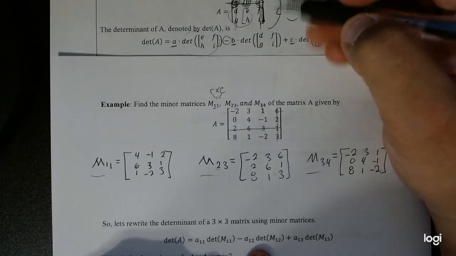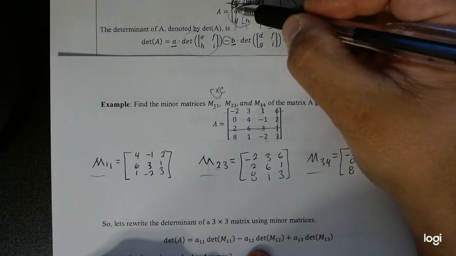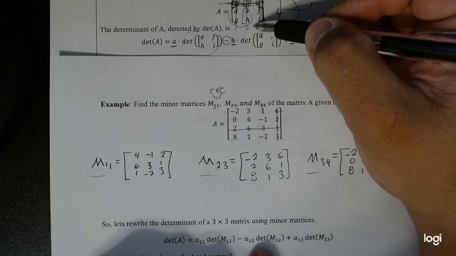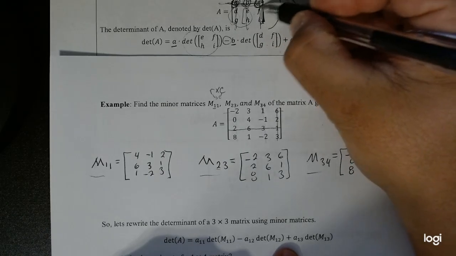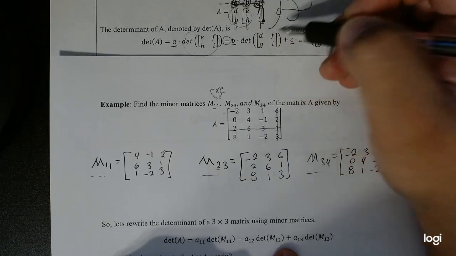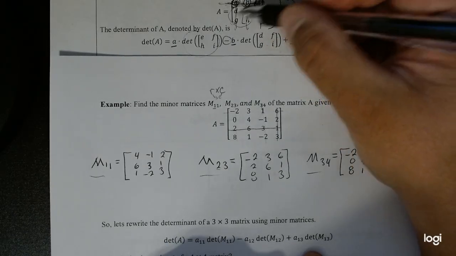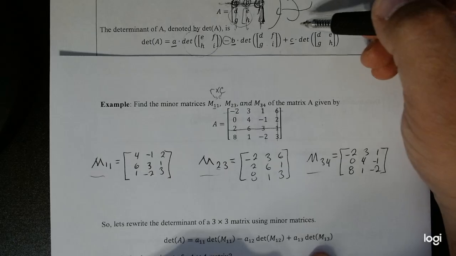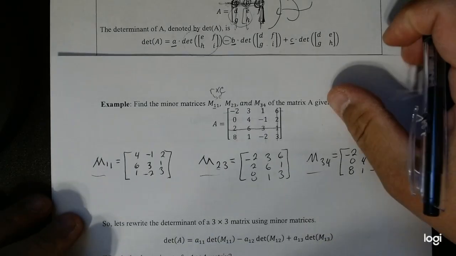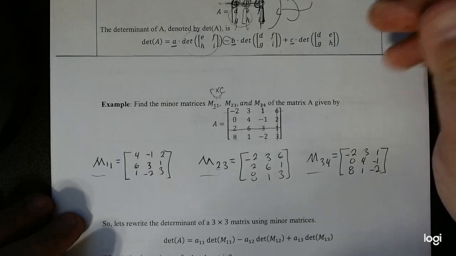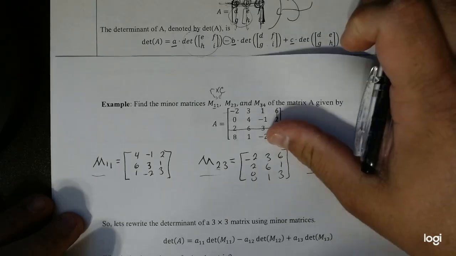Well, if I get rid of this row and this column, that's the minor matrix M12, plus the third entry, which is the first row, third column, times the determinant. Well, you cross this out, it's the minor matrix M13. So again, just another way to write it using the actual minor matrix format.